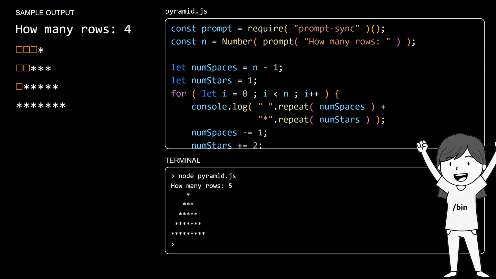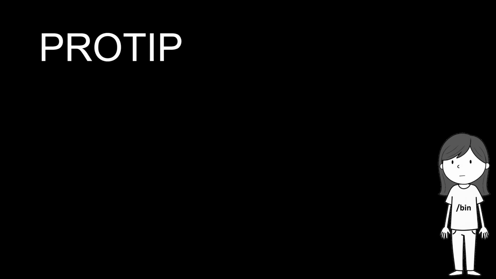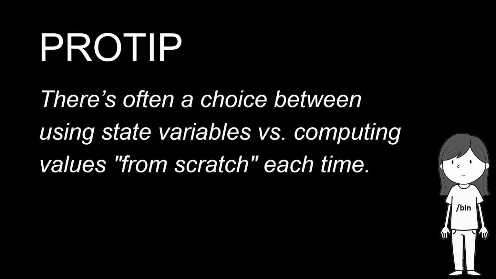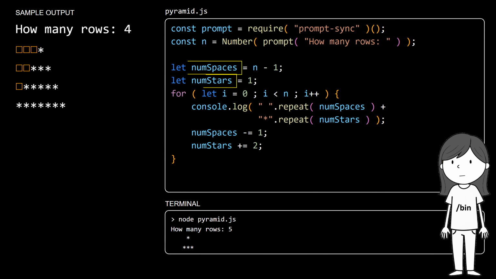We can state what we did here as a pro tip. There's often a choice between using state variables versus computing from scratch each time. Counter variables like numSpaces and numStars, as used here, are an example of state variables because they keep track of the state of the program.